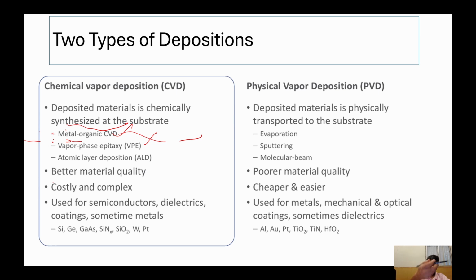Through this method you will get a very good quality of material. This is a kind of epitaxial layer growth. So if you are going for a very good electronic grade silicon dioxide, electronic grade dielectrics, then it is very good.